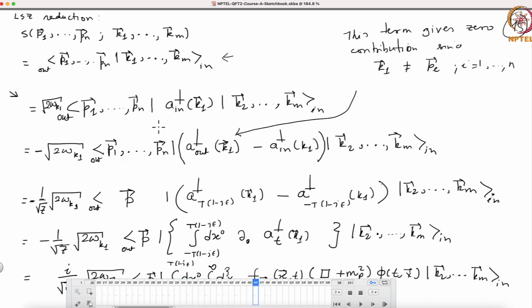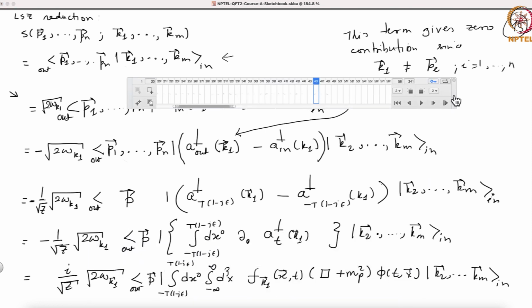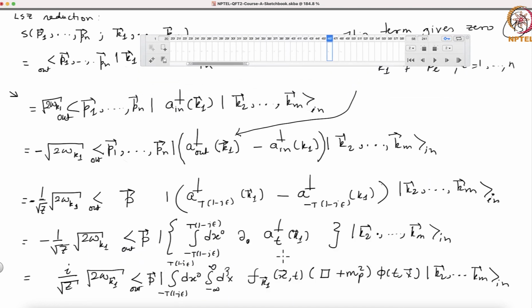So what we say is, when I get rid of k1, I get root 2 omega k1, I get 1 over square root of z, and also, when I convert this time derivative of a_t dagger in terms of the field phi, then apart from other things, I bring a factor of minus i, and that minus sign gets killed to give you a plus i over square root of z.